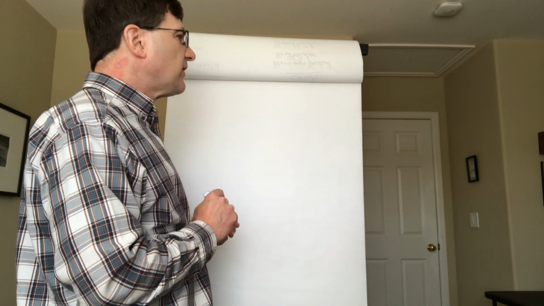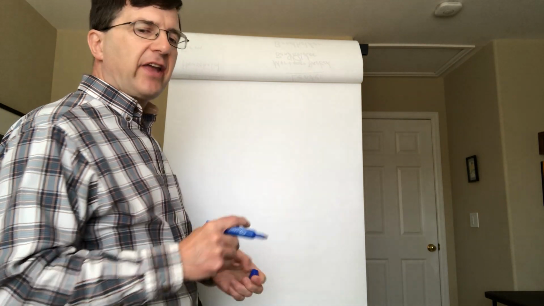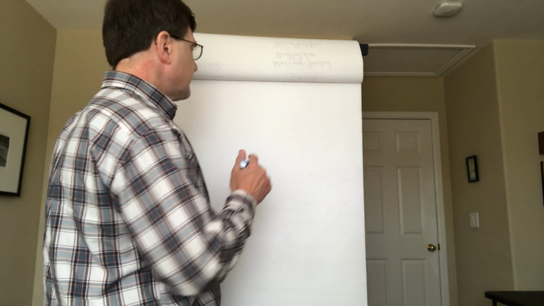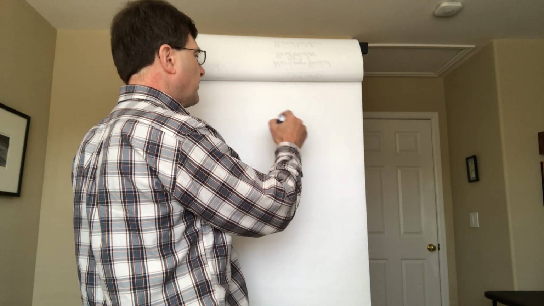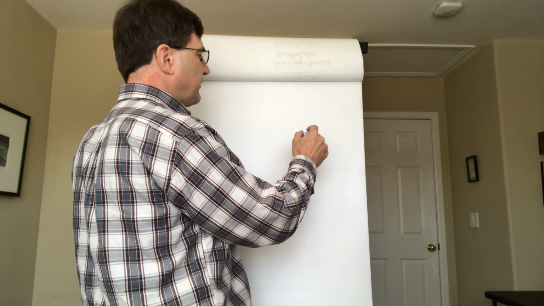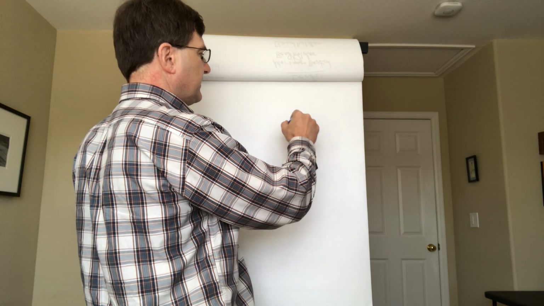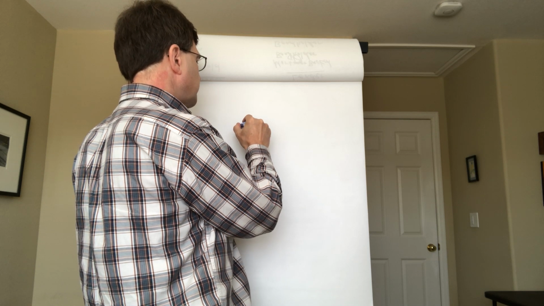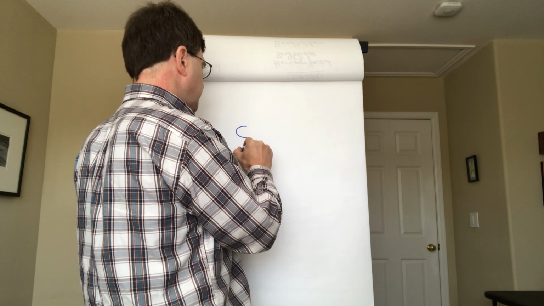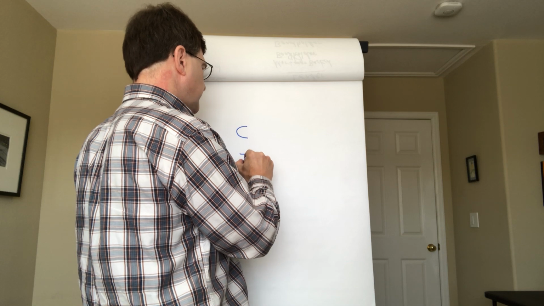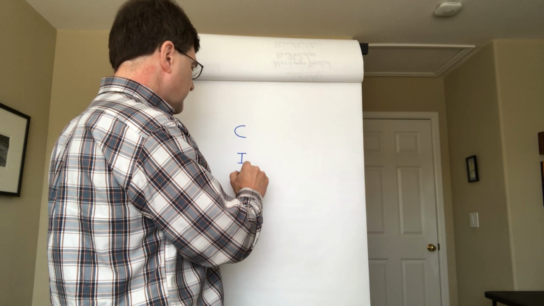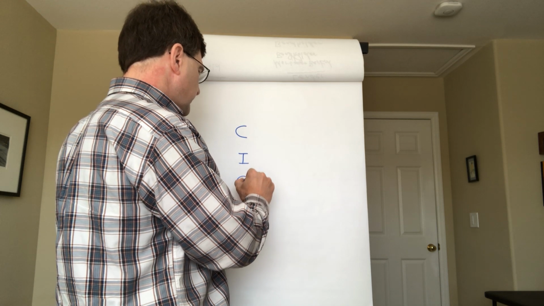Okay, so first of all, we need to understand how this fits into the whole system. So let me draw the following diagram here. We've got the different components of aggregate demand: consumption, investment, government purchases.